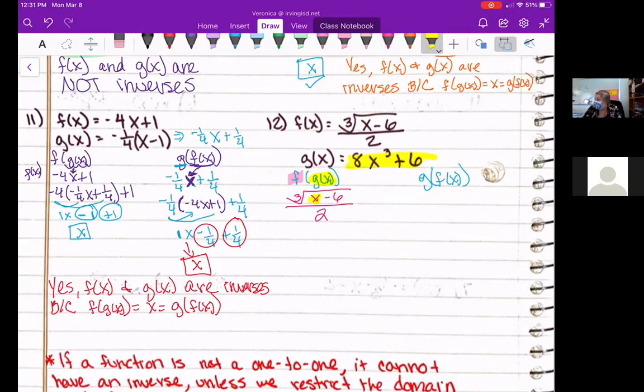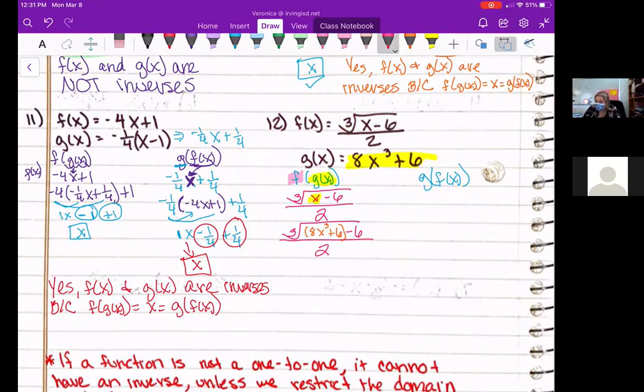Does the highlighting help a little bit more for those of you that are still struggling with that? Okay. So then I'm going to have the cube root of, instead of x, I'm going to put my g of x, which is 8x cubed plus 6. And then don't forget the rest of it, right? Minus 6, all divided by 2.